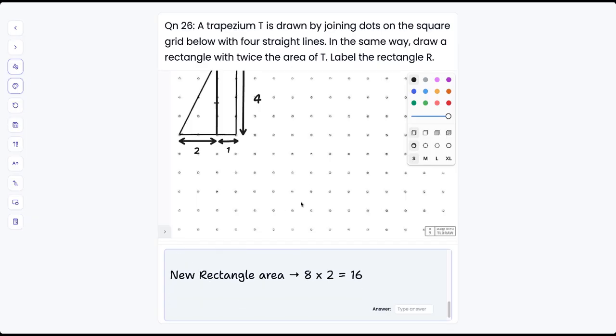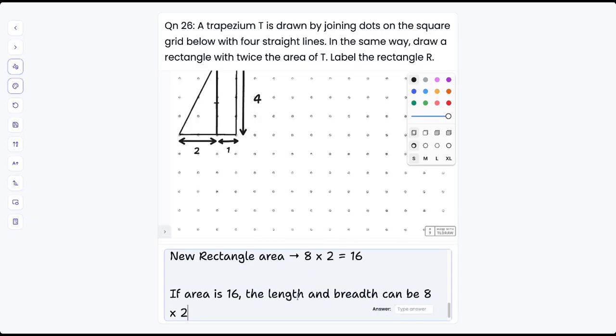If the area is 16, then the length and breadth can be 8 times 2.